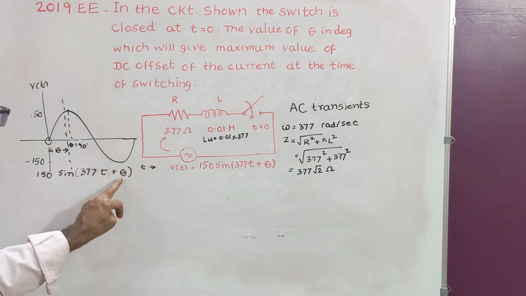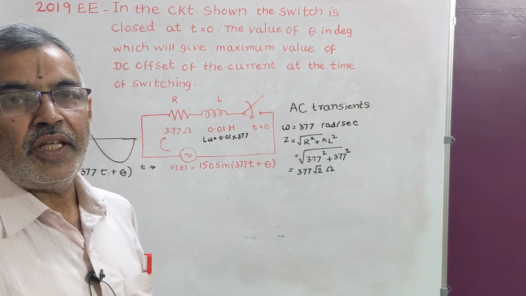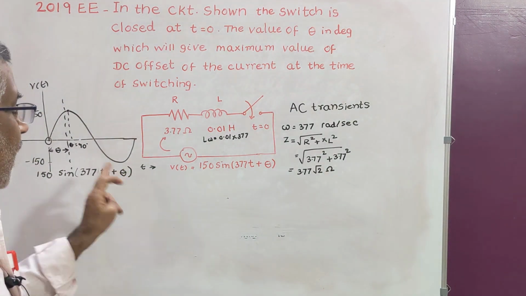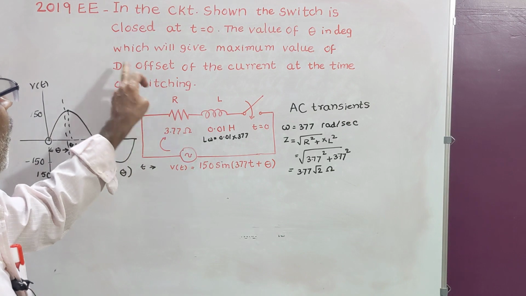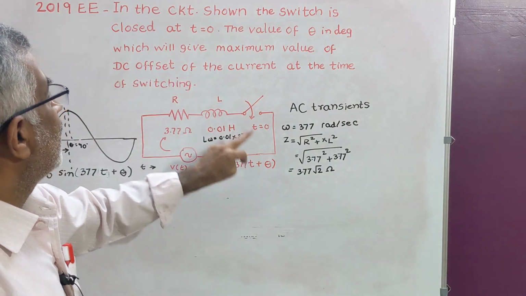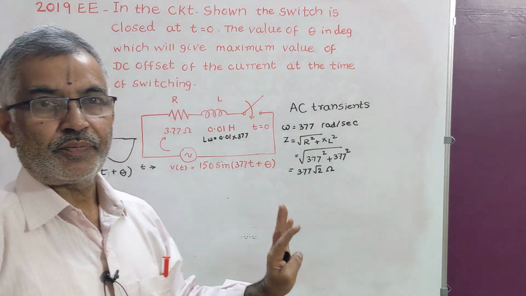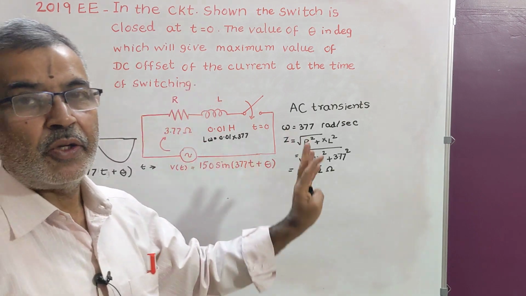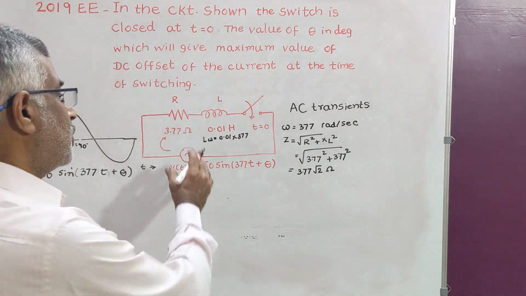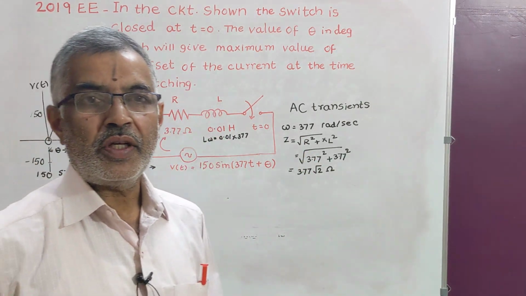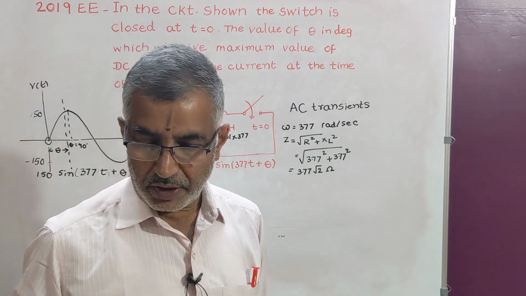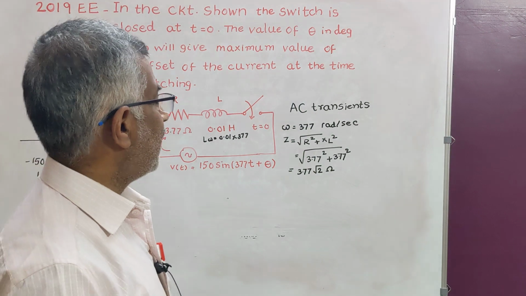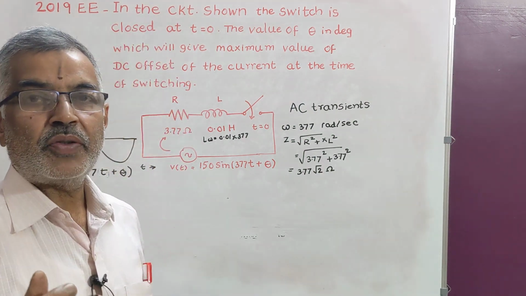So this theta is going to have influence on the transient response. That is why in this problem, for what value of theta will the DC offset have maximum value. First, I will write the solution. And students must remember the expression. See, in the GATE examination, you are not supposed to derive this.